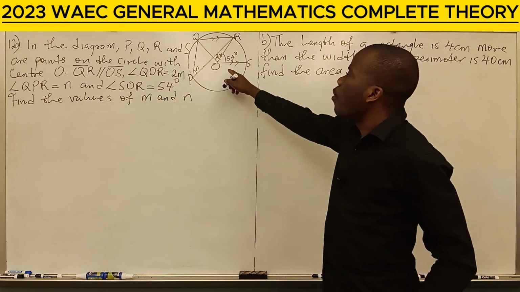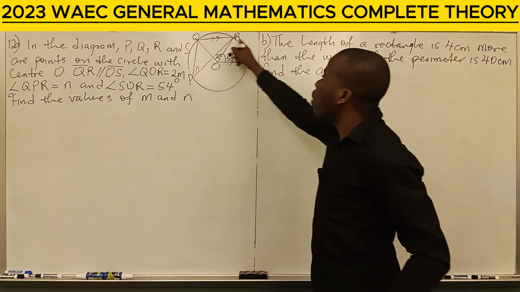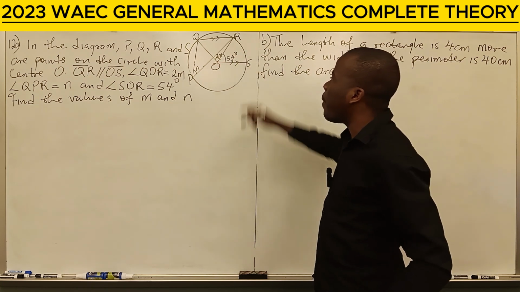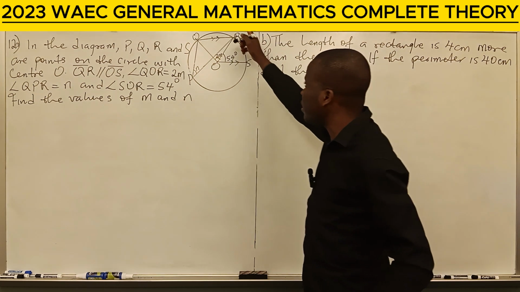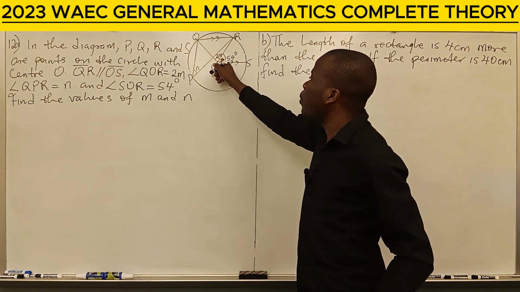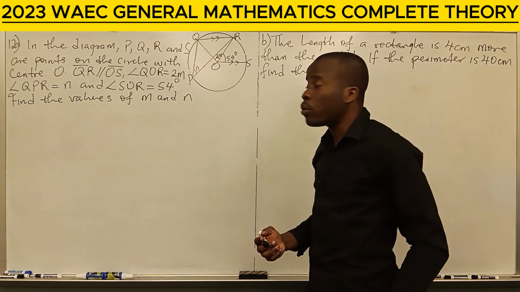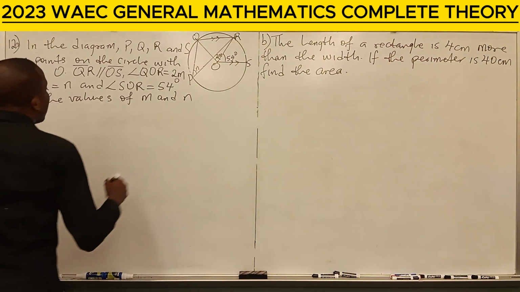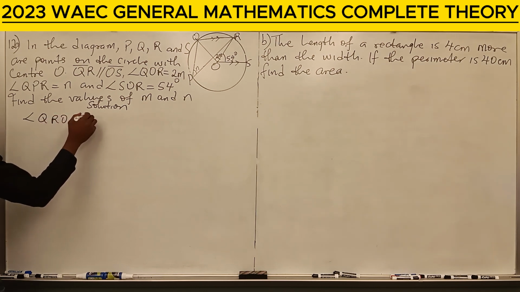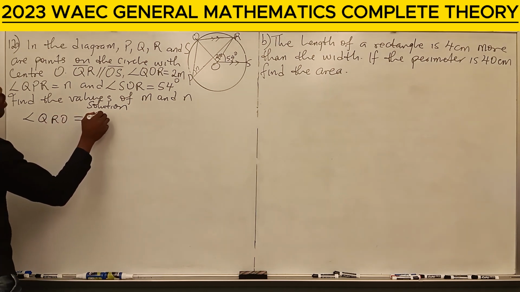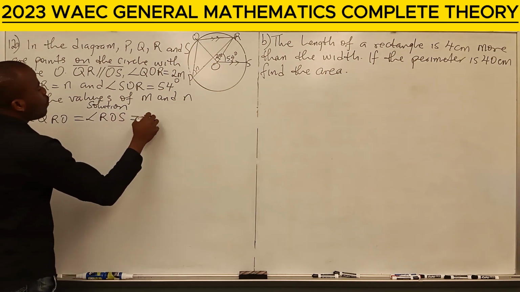By reason of the fact that QR and OS are parallel, when we have two parallel lines and a transversal, this angle here is equal to this angle here. The reason is alternate angles. So angle QRO is equal to angle ROS, which is 54 degrees.